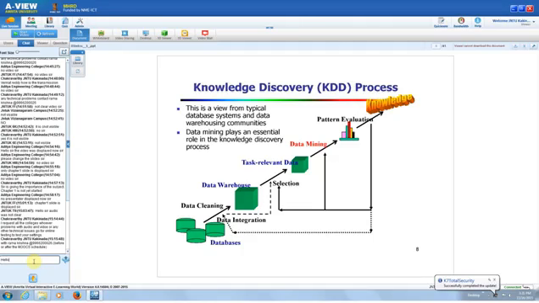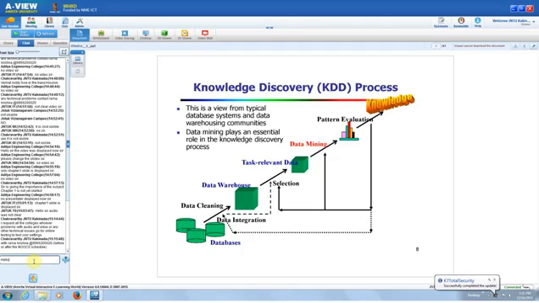So for this, you cannot use straight away the data that is available in the database. So you have to extract certain fields that are needed for answering your knowledge and your pattern. That data only needs to be stored in a warehouse.